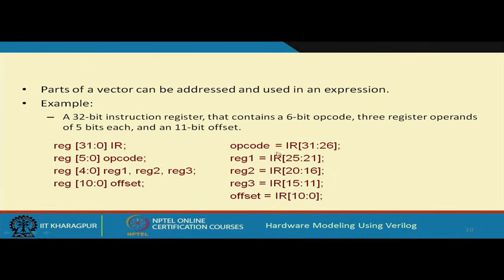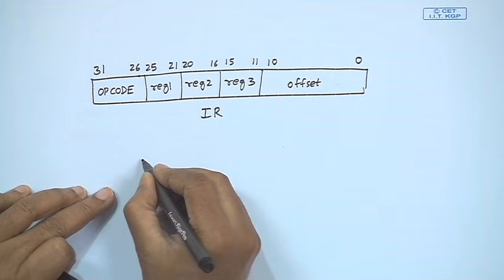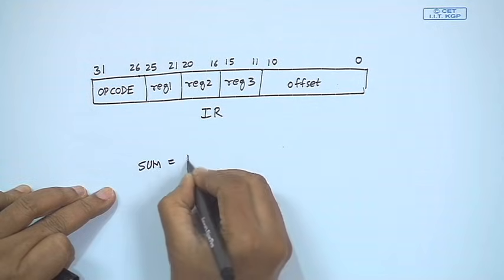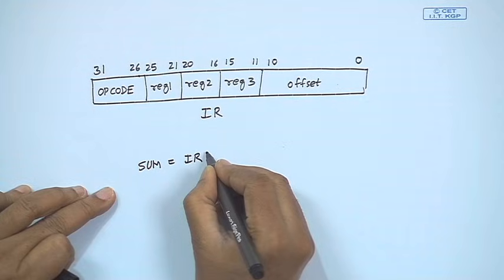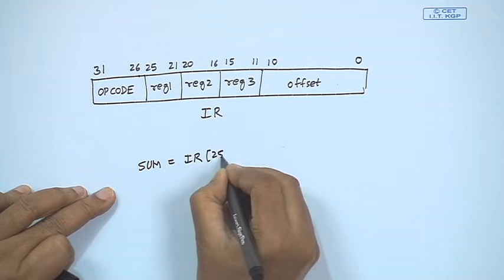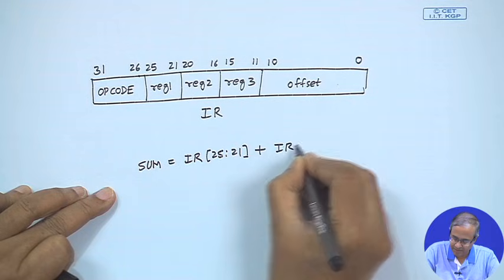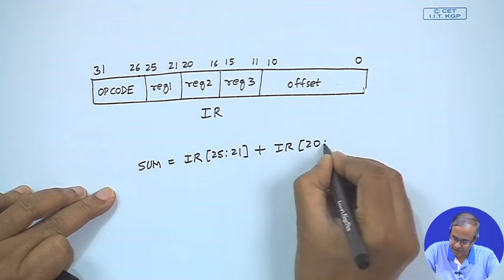So, in this way I can use these cross sections in an assignment statement, and I can even use them in an expression. Let us say I can write an expression like this also, say sum equal to IR[25:21] plus IR[20:16].